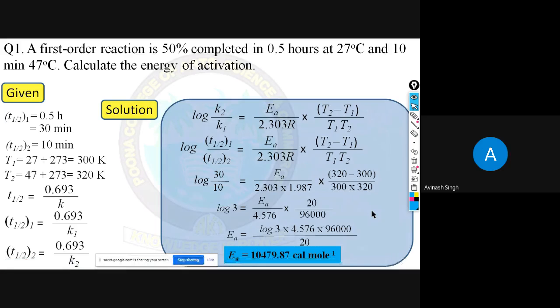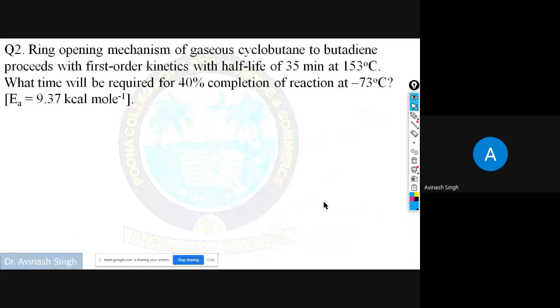Let's read the second question. Most of the students have done this wrong. What is given? First, the reaction is a first order reaction, and half-life is given as 35 minutes. From half-life, of course, we can calculate the value of rate constant. But that rate constant will be at 153 degrees centigrade.